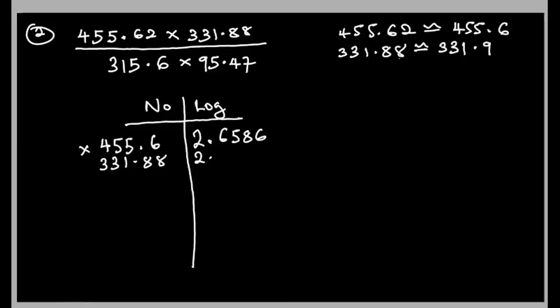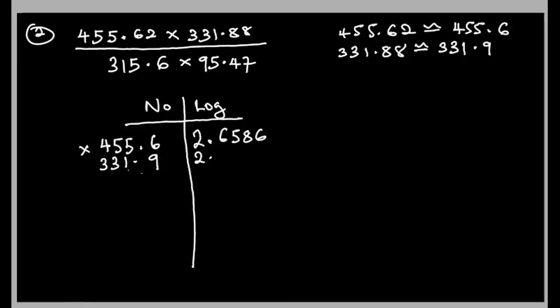Had the last digit not been up to 5, just like we had in the previous one, 455.62, I wouldn't have done anything. But since it's up to 5 and above, I take 1 from the 8 and add there, and it becomes 9. So I will now call it 331.9. Then we look for 33 under 1 difference 9.